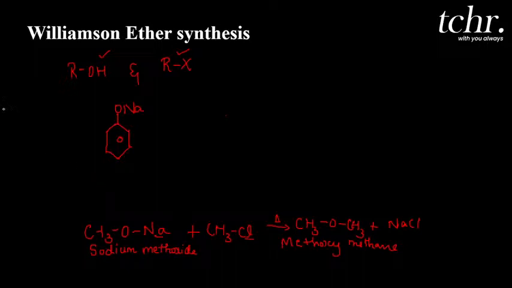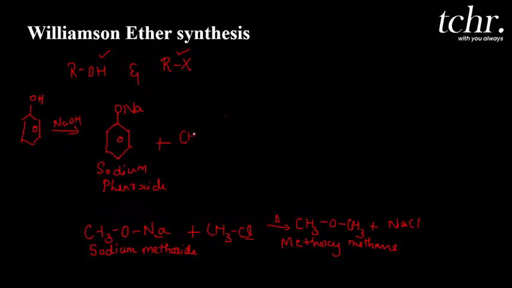When I treat phenol with a strong base like NaOH, what I get is sodium phenoxide. Now I have sodium phenoxide with me. I will treat this sodium phenoxide with any alkyl halide. For example, I'll treat sodium phenoxide with methyl iodide.